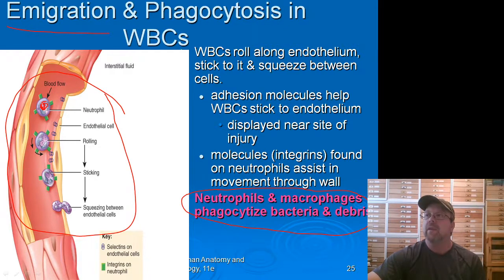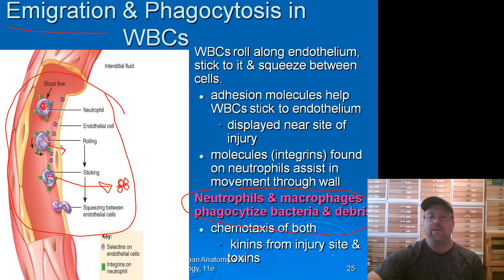It's going to attach to the inner wall of the blood vessel, emigrate out, go into the tissues and attack any foreign pathogen. That's what they do.